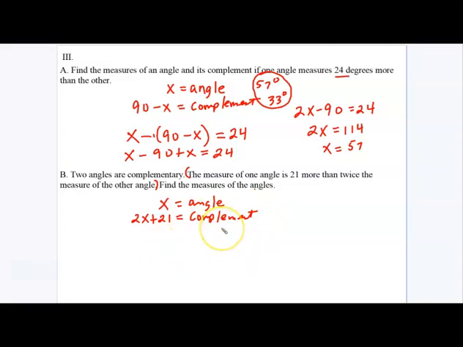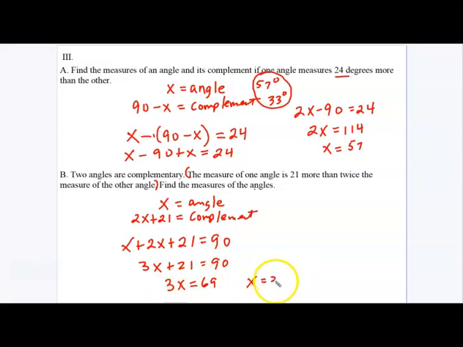And now I'm just going to use the truth that two complementary angles added together have to equal 90 degrees. Sorry. I'll solve for x. X plus 2x, 3x is equal to 69.